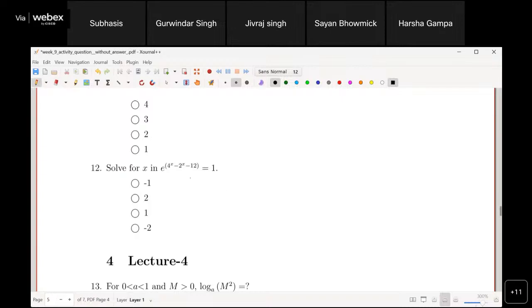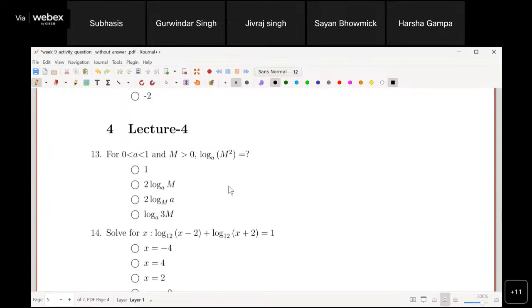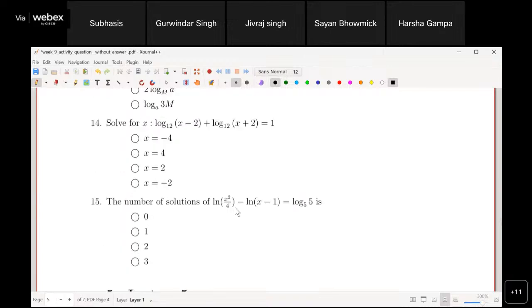Question number 12, we solved yesterday, or in the previous session. Okay, this is also more or less easy. Number 15 is more or less easy.